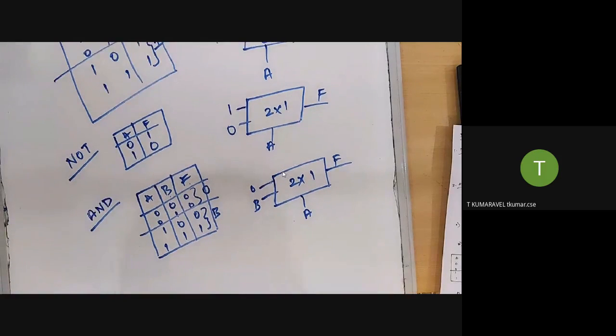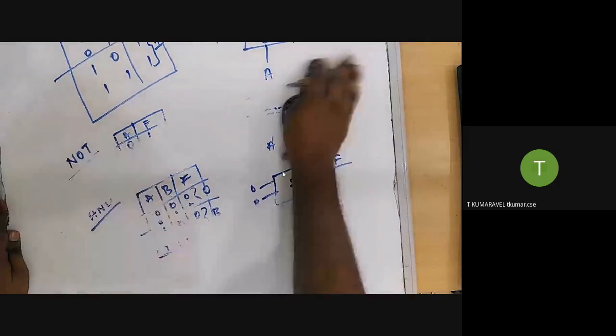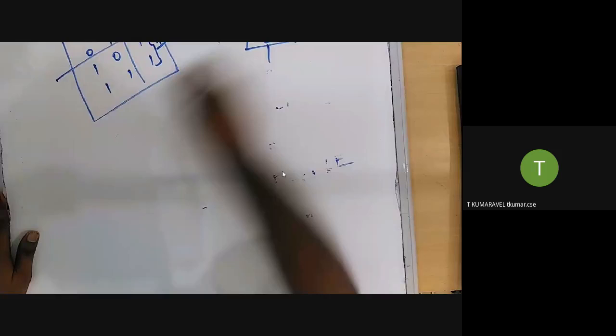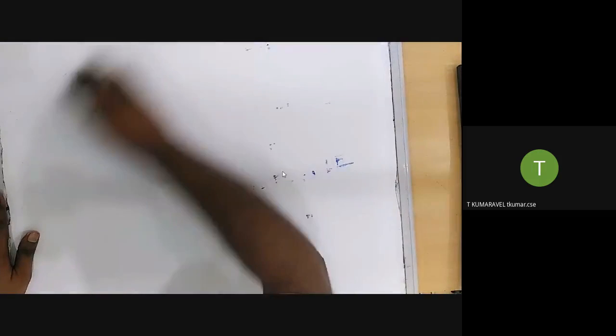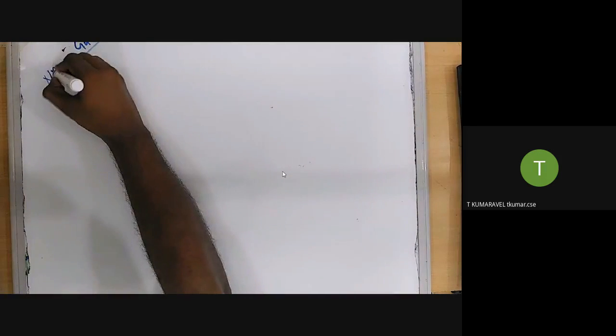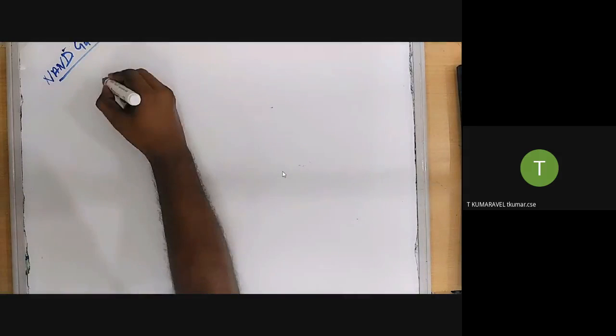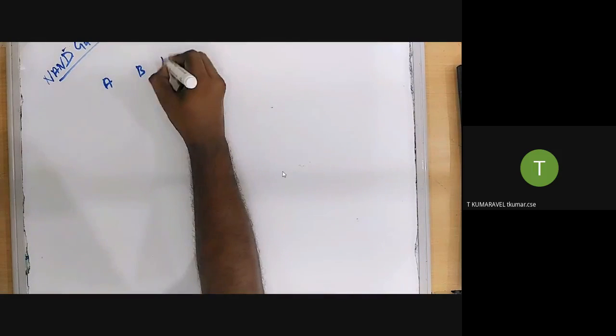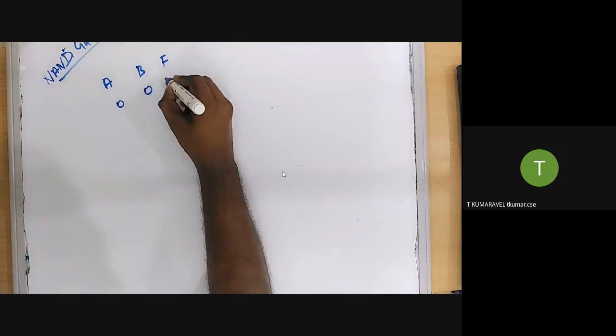You will try another one, which is called a NAND gate, and then you are going to tell the answer. What is the truth table for NAND gate? It is just opposite to AND gate. So A, B, F, 0, 0. When both inputs are 1, the output value equals 0. This is the truth table of NAND gate.